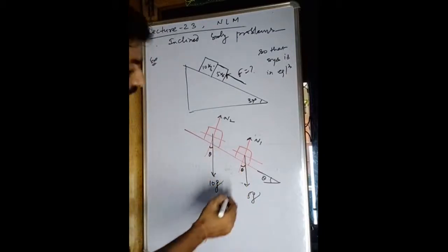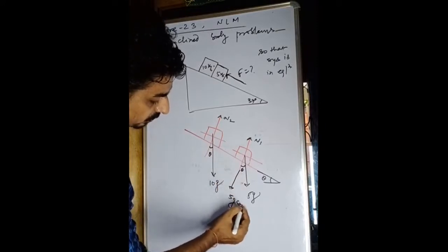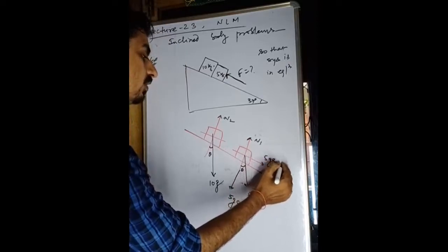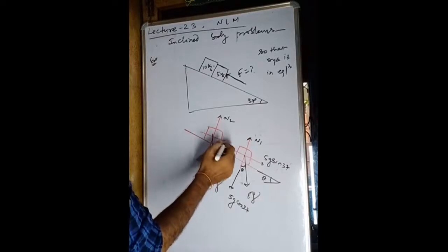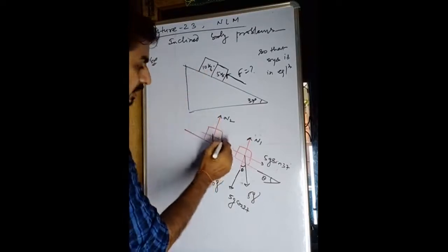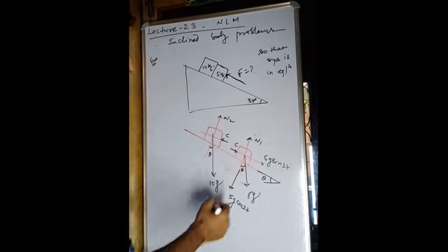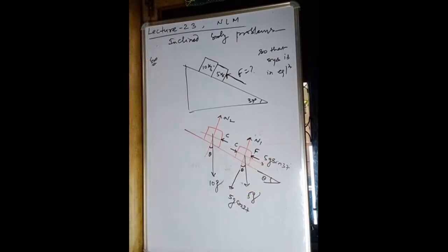So easily you can break the component. This is 5g cos 37 and here 5g sine 37. Here the force was acting since both were in contact, C and this is C. This is force F.